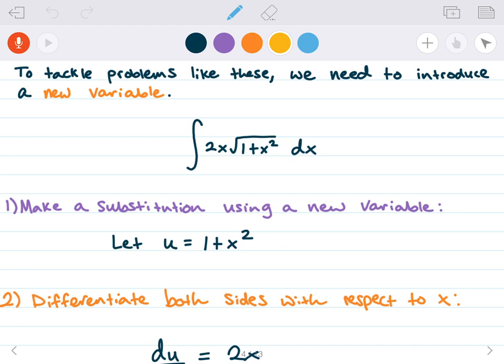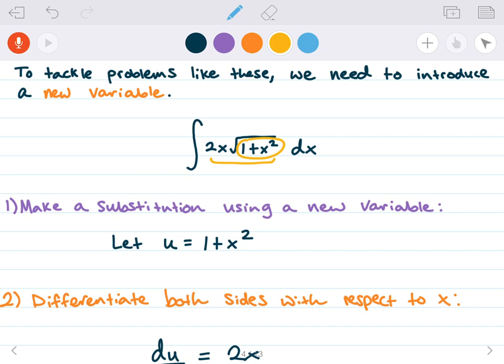I think your book might use w, but the idea is to replace something in the original integral that is easily differentiable. It takes some practice to see what this is, but 9 out of 10 times, if you have a square root, what you're going to be subbing u equal to is what's under the square root.